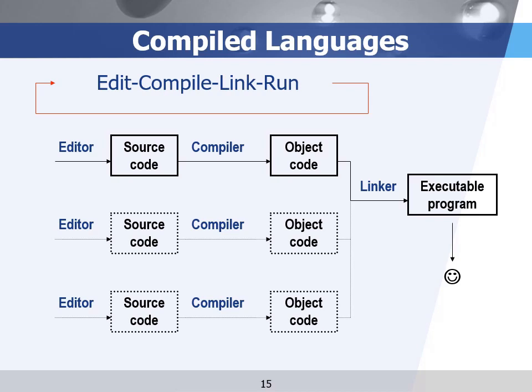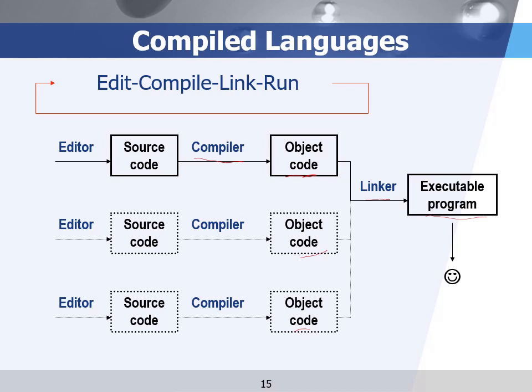You use an editor to edit your source code, and then you try to compile your source code. If the syntax of your source code is all correct, your compiler will generate the object code. And then you can use linker to link several object codes into one executable program. And then you can check the logic of your executable program.